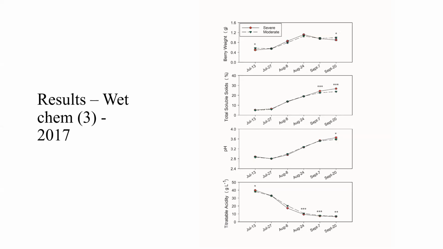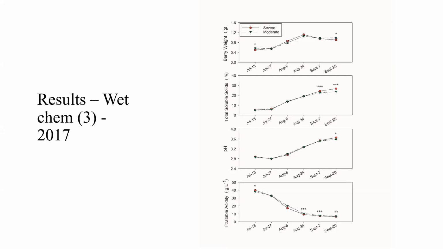In 2017, berry weight was higher, again in the moderately water stress zone at harvest. Again, total soluble solids were higher in the severely water stress zone, from September to September 20th, when we harvested the fruits. But in 2017, the severely water-stressed zone was harvested when it reached 27 brix compared to 25 in the other zone.